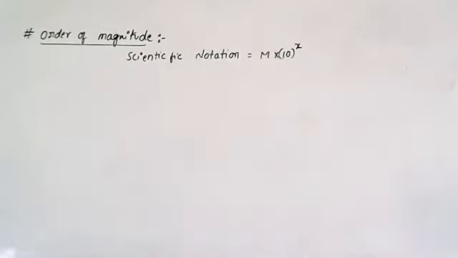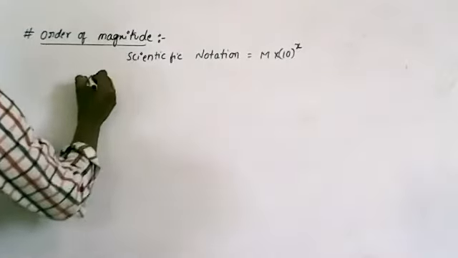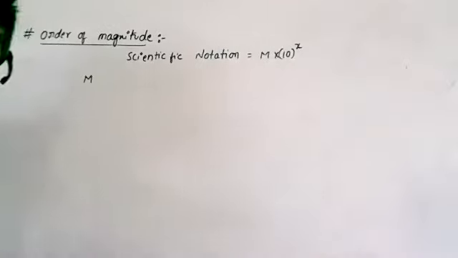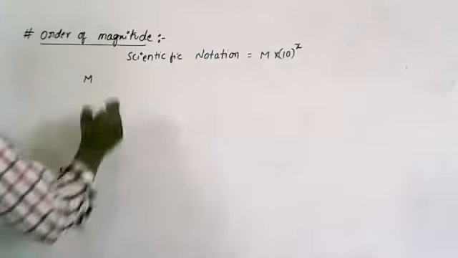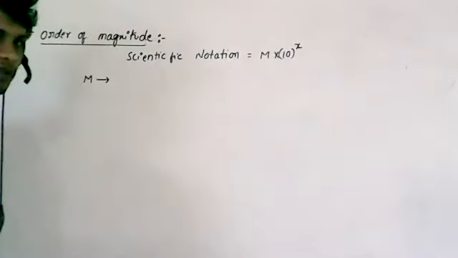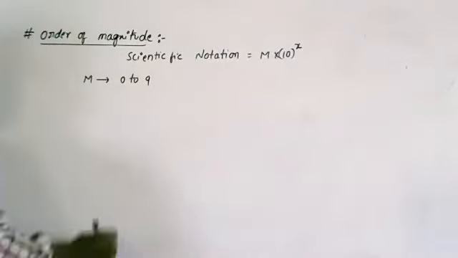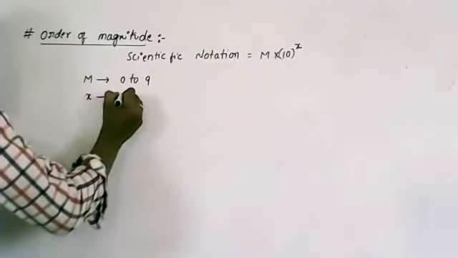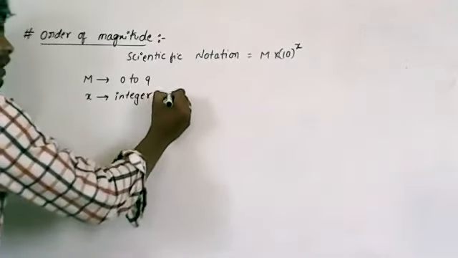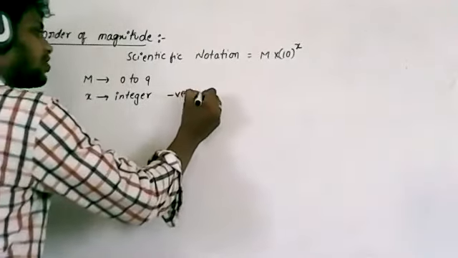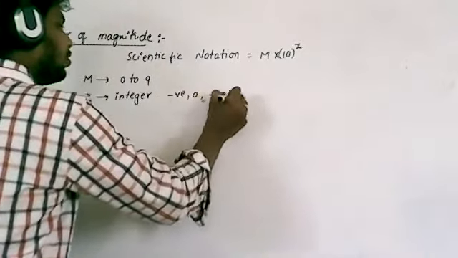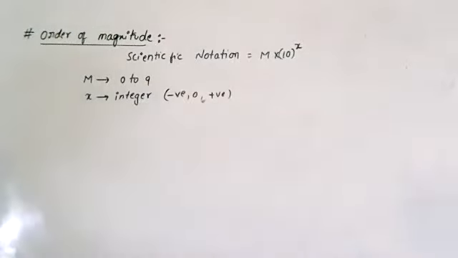Now remember, in scientific notation, we express it like this: m into 10 power x, where m is a digit which lies between 0 to 9. So any number. And x is an integer. The integer may be positive, negative or zero also. Clear? Positive, negative and zero also.